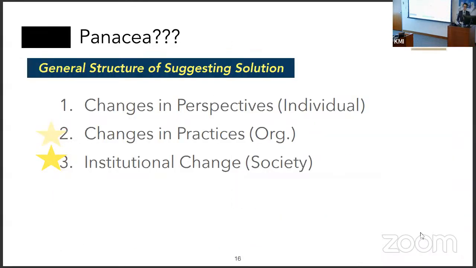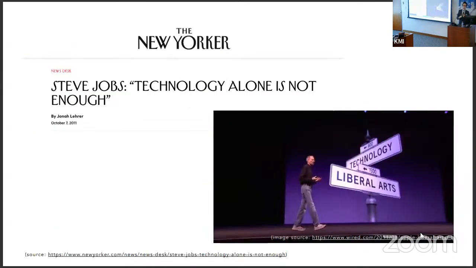To generate ideas by following these 3 steps, I'd like you to refer to this model suggested by Apple and Steve Jobs. Does anyone remember this event? 2011, iPad 2 launching event, Steve Jobs showcased this model, the intersection model.